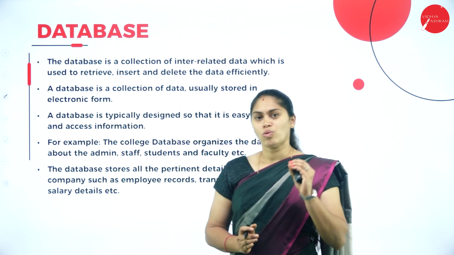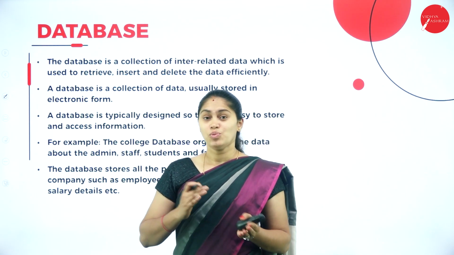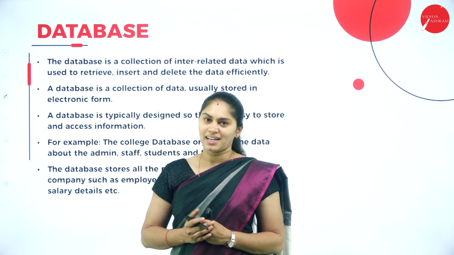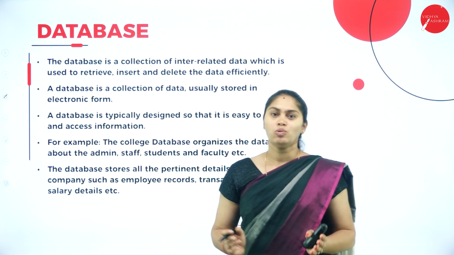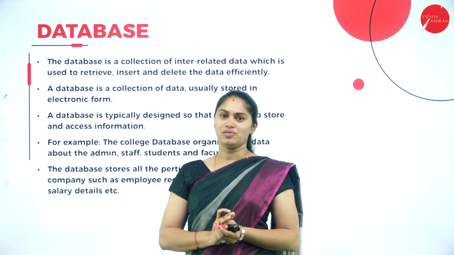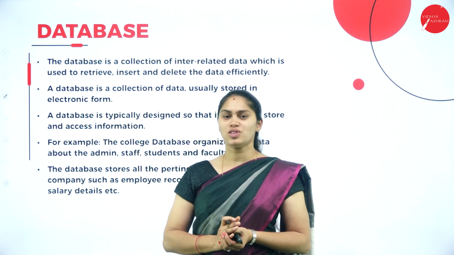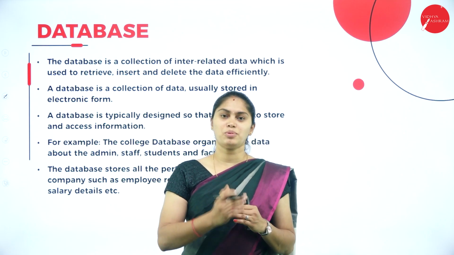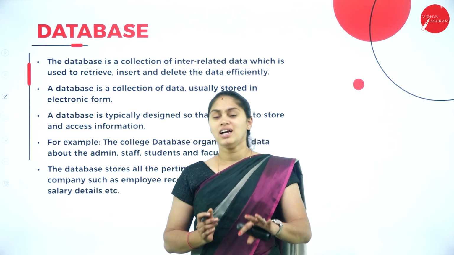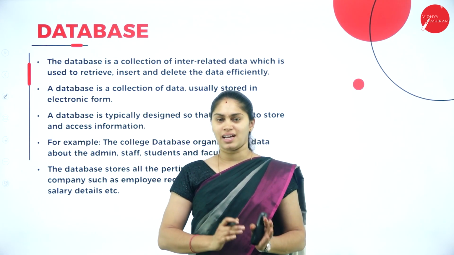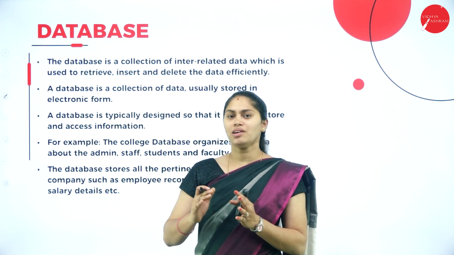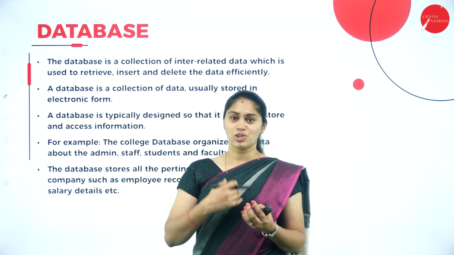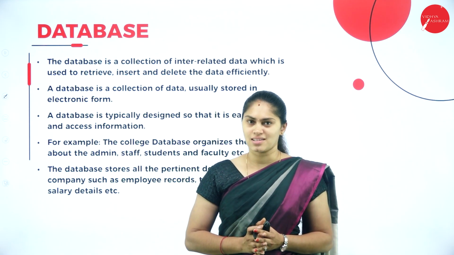Fine. Then, what if we have a set of data which is logically related to each other? Then we are calling that as what? Database. Take the example of your closet, or your wardrobe or cupboard. There you are going to keep the clothes, right? If it is organized in a proper manner, for example, your t-shirts on one side, jeans on one side, and your kurtas on one side, then it will be easy to retrieve, or easy to modify, or to do any of the tasks, isn't it?